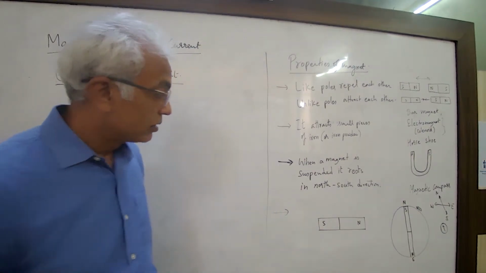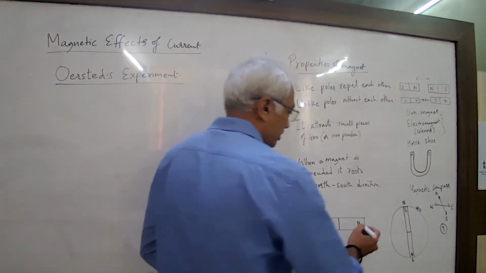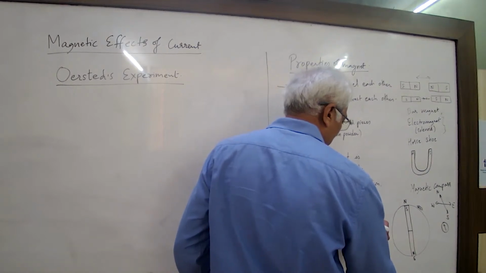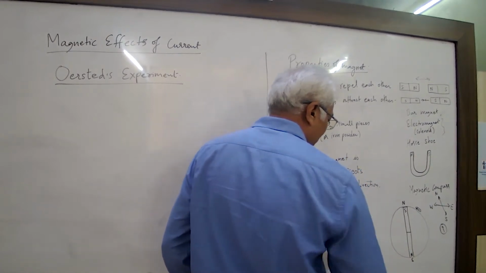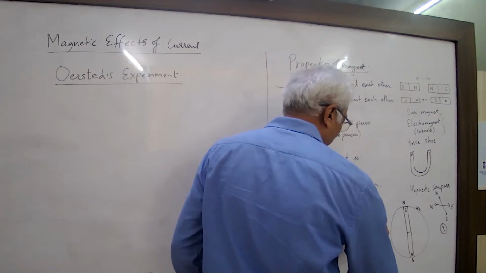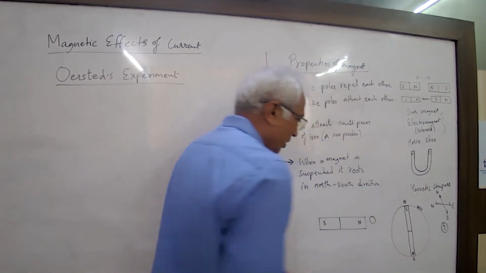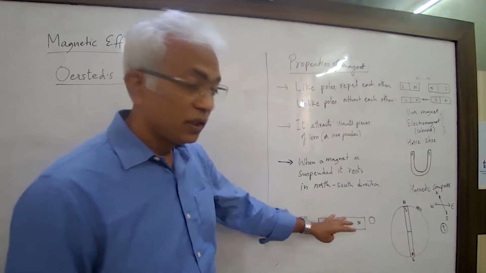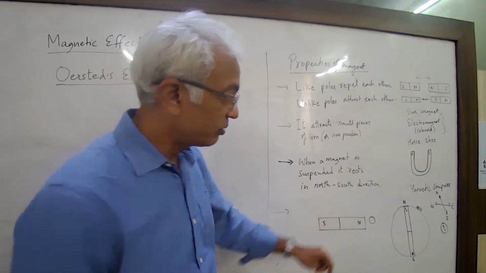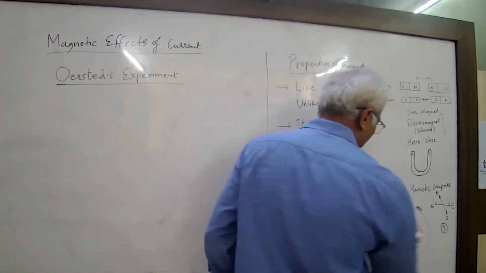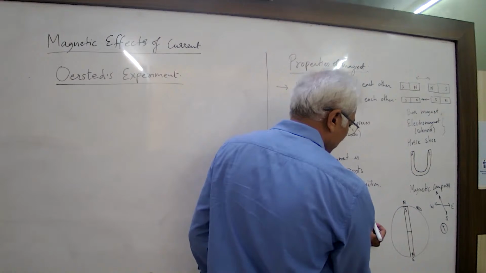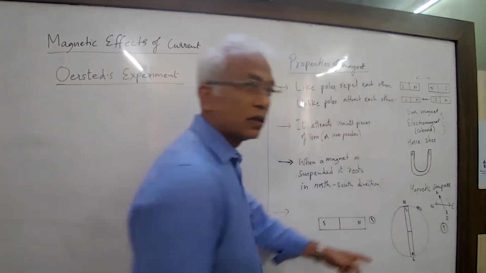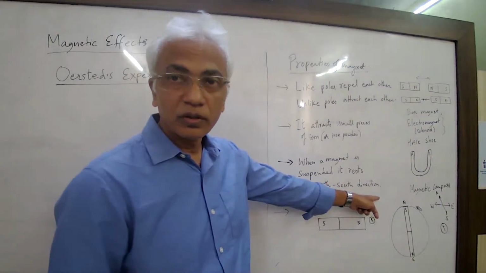Okay, and if you keep a magnetic compass here, then what will happen to the magnetic compass? If this magnet was not here, hear me out carefully, if you keep the magnetic compass, where will it point? It will point like this, north, because it will point towards Earth's north pole, right?